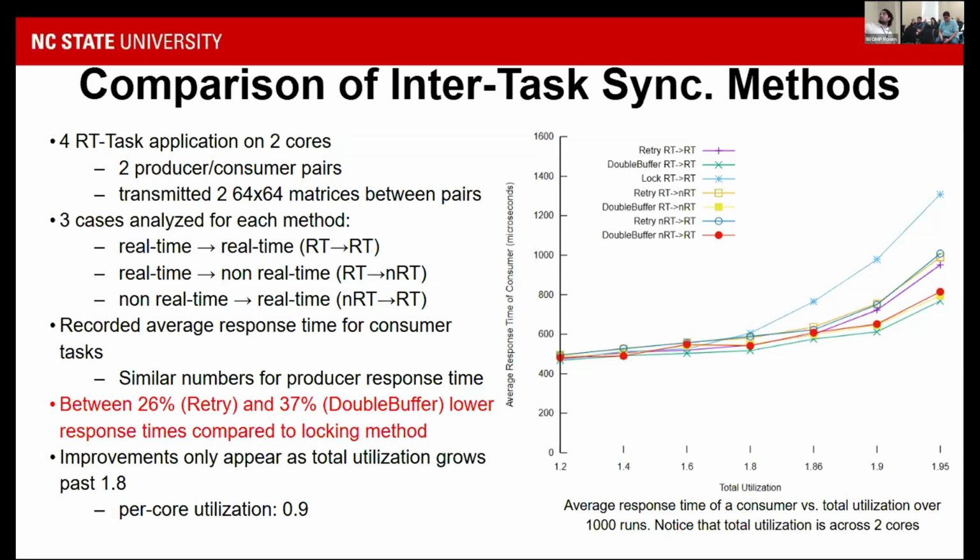And here we're looking at communication either between real-time tasks or across the real-time barrier, communicating out towards non-real-time tasks. We still see improvements, even in cases where we're communicating with non-real-time tasks.